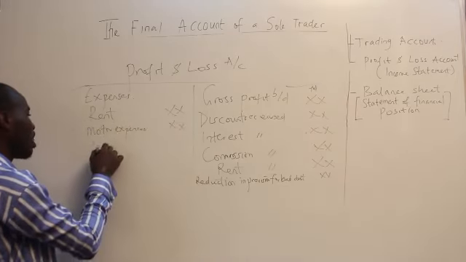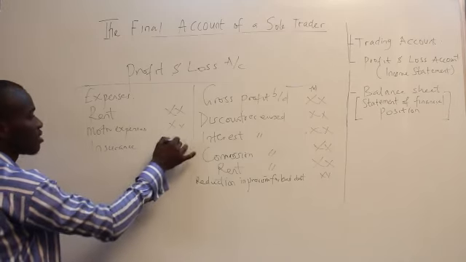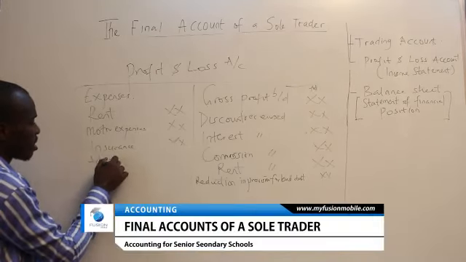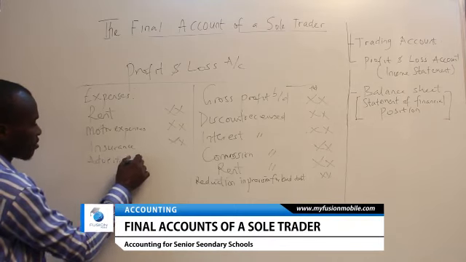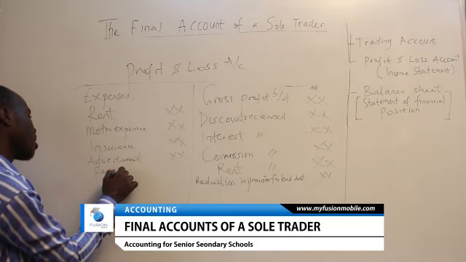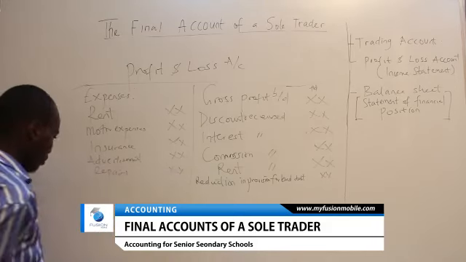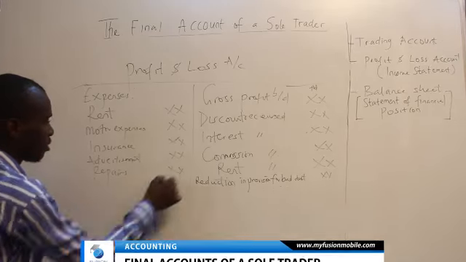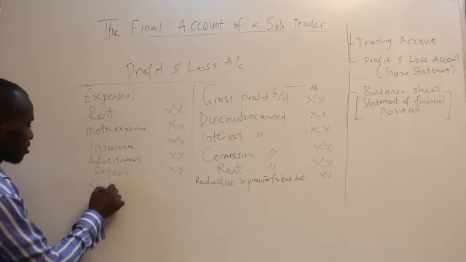We can have insurance expenses. So we can have advertisements, which are expenses within the period. We can have repairs. Then we can have sundry expenses.